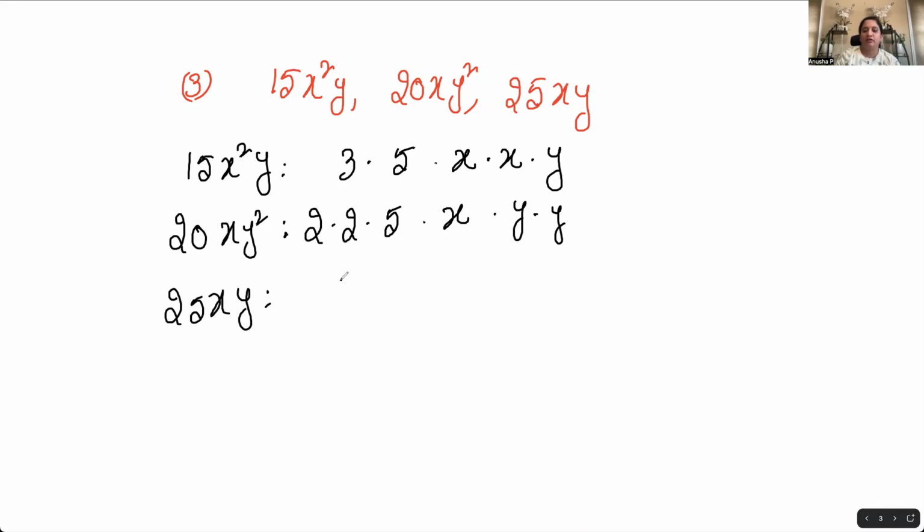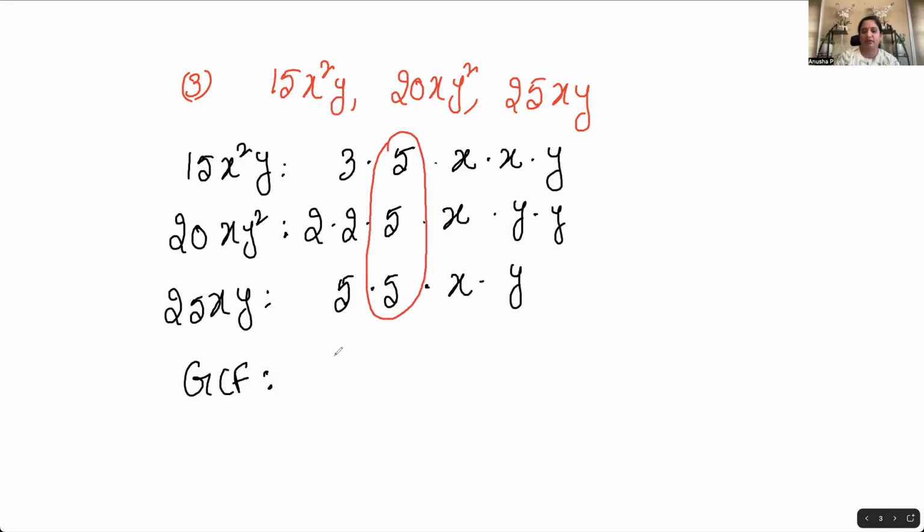25xy is 5 times 5 and then x times y. Now to find the greatest common factor, you have to find the common factor in all the three numbers. Here all the three numbers have one common factor 5. We can write it as 5.